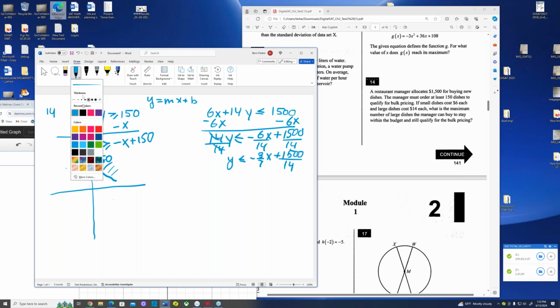Now, I take a different color, and this is y equals negative 3/7 x plus some number. If I divide, it would be more than 100. We can do it precisely, but we have some numbers. Let me be more specific. I take decimals to divide two numbers.